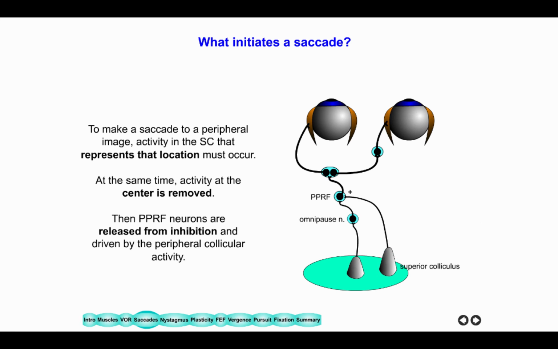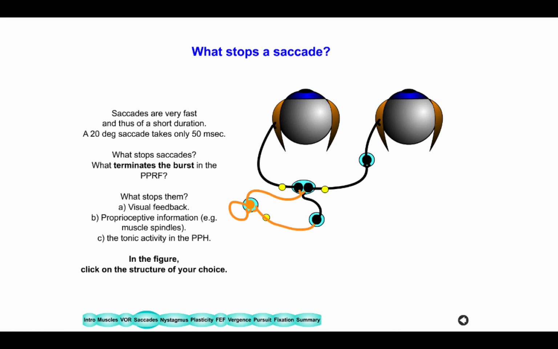When that happens, there's no inhibition here, there's excitation here, and the burst occurs and drives the eye to its new position. Now the question is, what stops the saccade? You've got the saccade going, the PPRF is firing as madly as it possibly can, but how do you stop it?